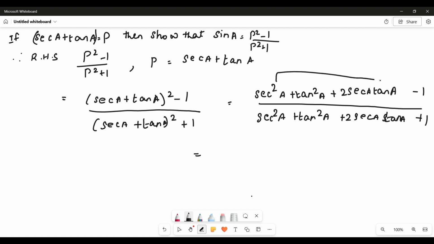Secant squared A minus 1 is nothing but tan squared A. So we'll write those two terms as tan squared A, and we have a tan squared A already.